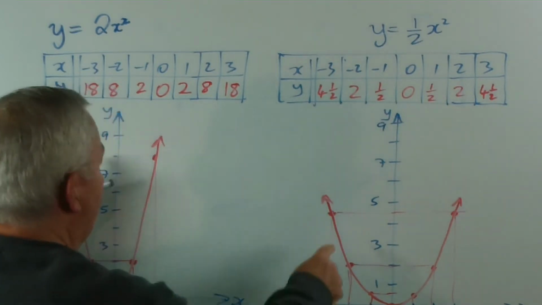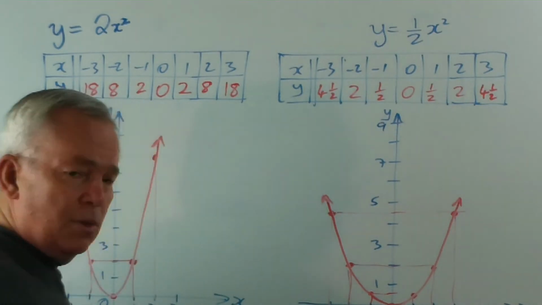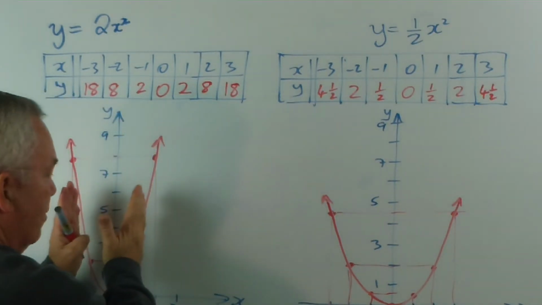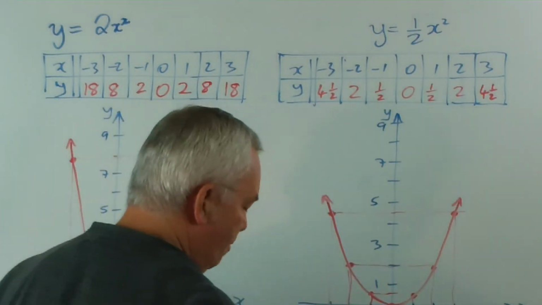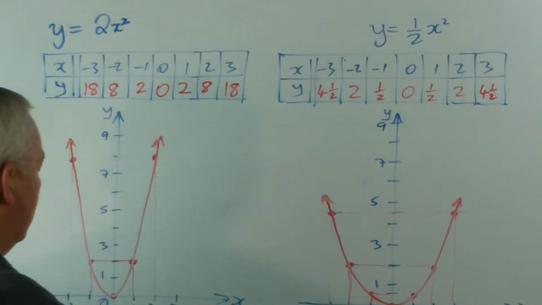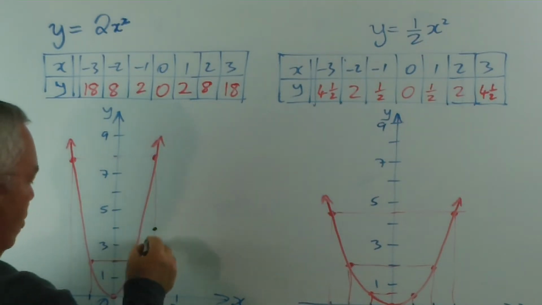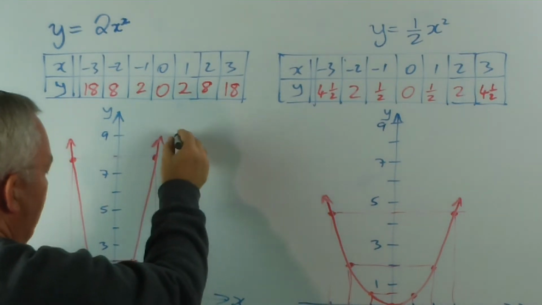Now, I've tried to draw them with the same vertical axis and the same horizontal scale as well. And I think you can see this one's narrower, or taller and thinner. This one's a bit more squat. If I go back and draw on our original graph, it went through 1, 1, you might remember, and 2, 4, and 3, 9, so it was further out.